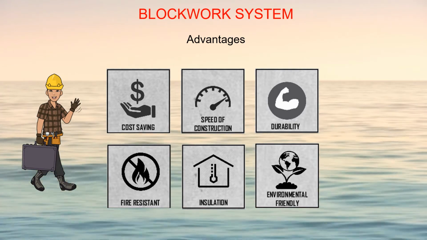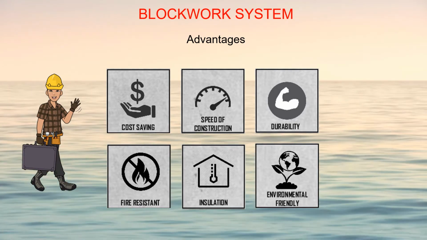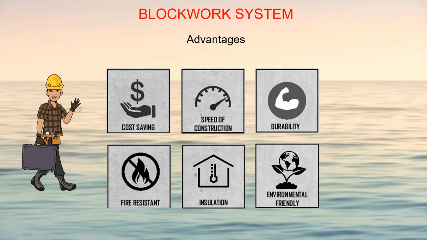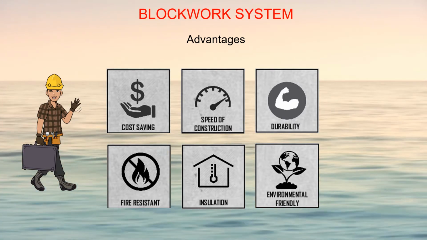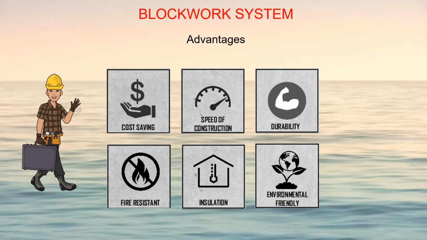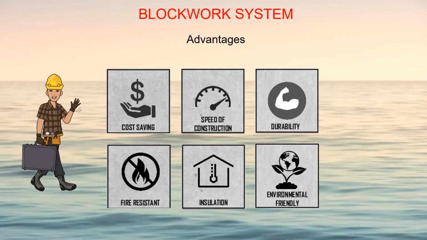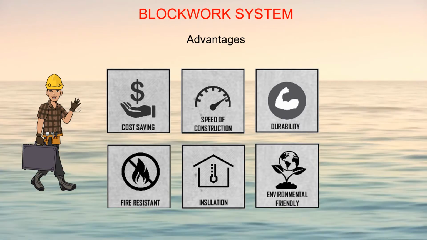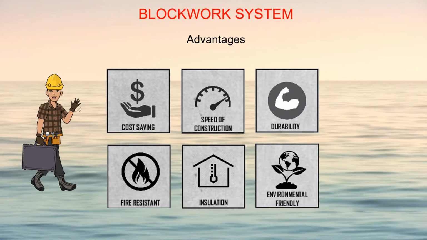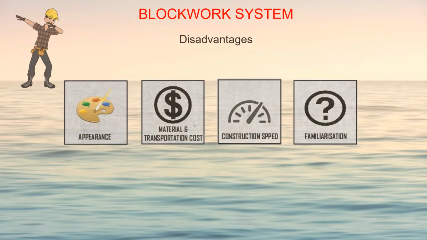When the weather is cold, it will keep heat in the house. It keeps a home cool when the weather outside is hot. Sound insulation can also be provided. Number 6. Environmentally friendly. It's prefabricated off-site, therefore reducing construction wastage.